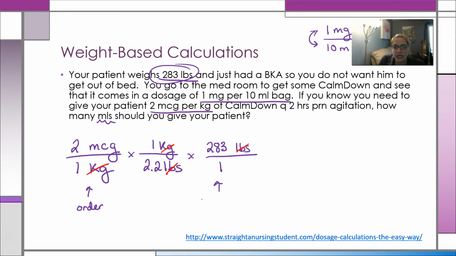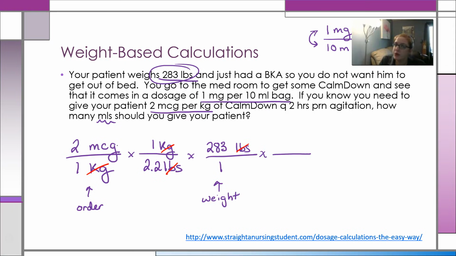So that was our weight that we multiplied by. Now we need to multiply by our conversion, which is our supply, 1 milligram every 10 milliliters. Do these match up to our current units? Our current units are the ones that haven't been crossed off, which is micrograms.